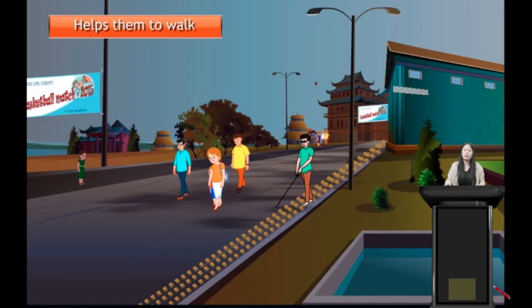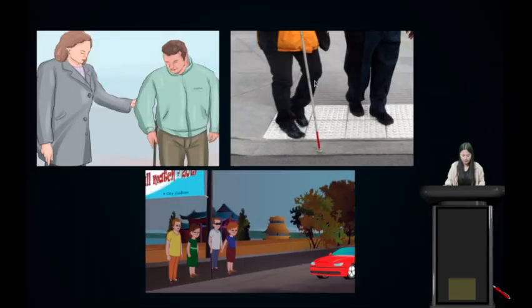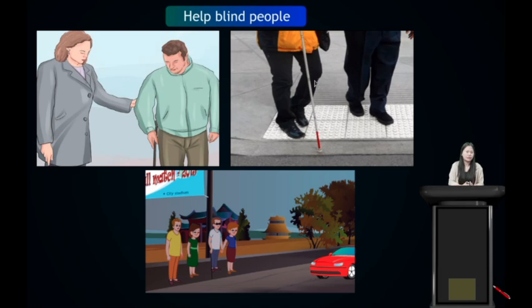So it also helps them to walk. It helps the blind people in general. It does not only help them to read and write, but it also helps them to walk and to do other activities. So this is about Braille.